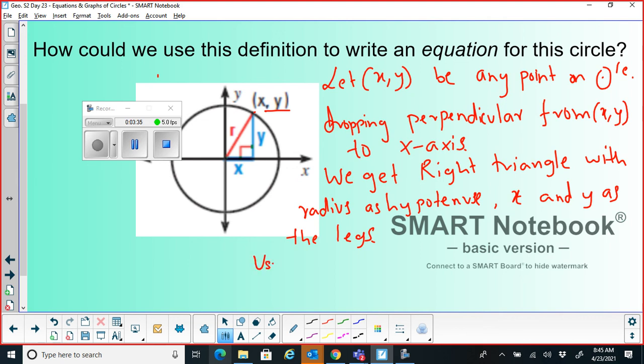Using Pythagoras theorem, we can say x square plus y square, that's your simplest equation.